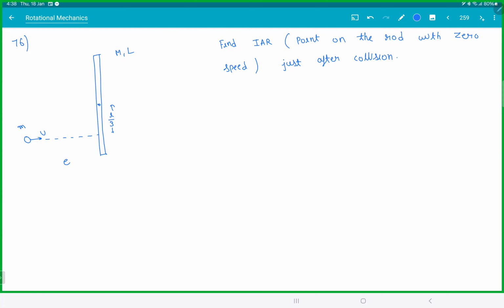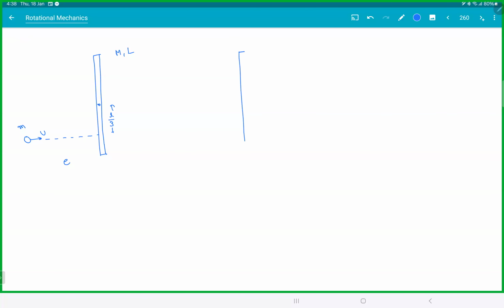What could L/4 be? Final diagram. After collision, this will go with V2, this will go with V1, this will go with omega. This is the point of collision, so I will take angular momentum about A here. L initial, L final, the ball and the rod.